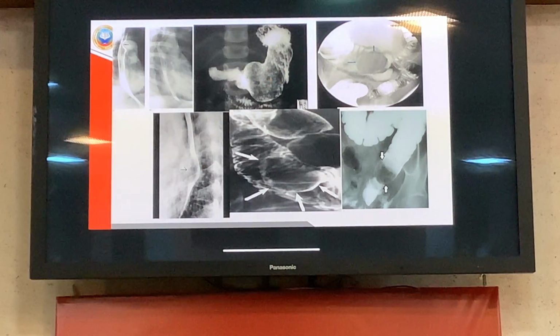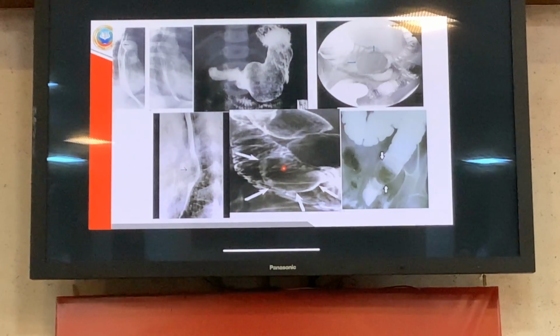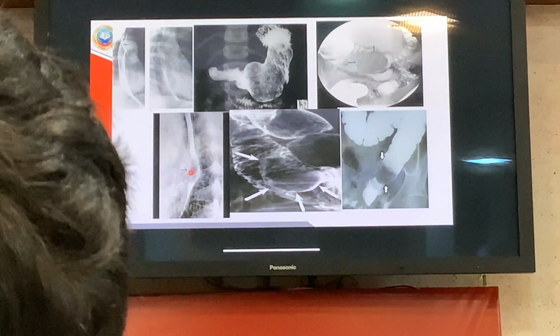Intraluminal. What about this? Filling defect surrounded by contrast. What about this? Filling defect. What about this? Filling defect. And what about this? Also, there is a filling defect.